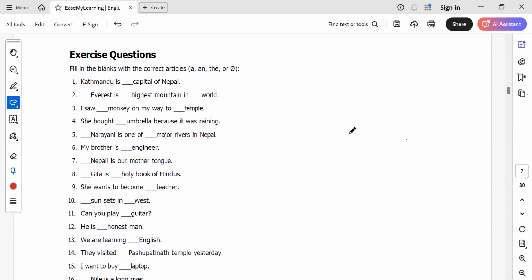Bishal, do you want to have the questions answered by chat? Right. First you read the question, and then we'll ask them to write the answer in the comment box. So the first question: Kathmandu is dash capital of Nepal. What will be the correct answer here? It will be either a, the, or nothing.